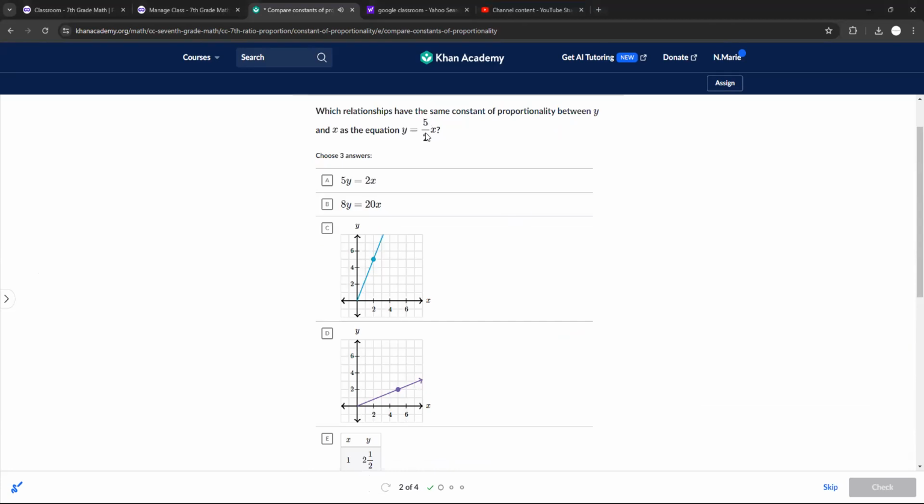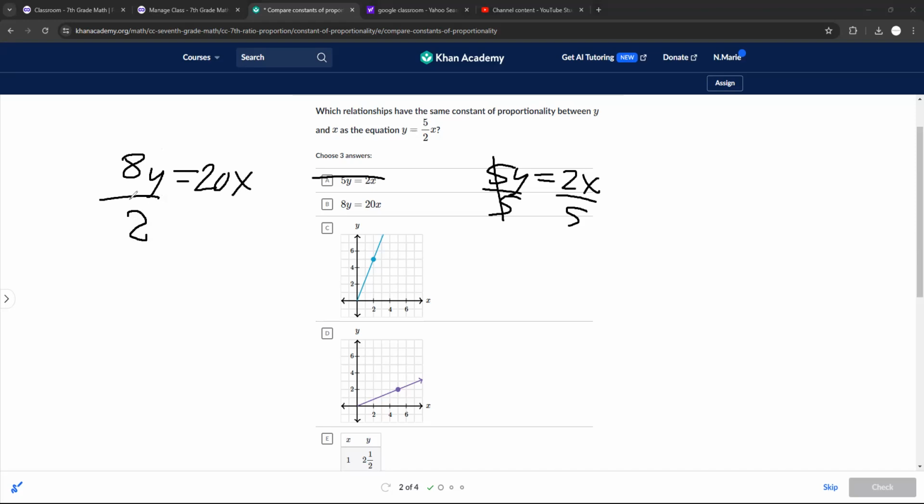Which of these have the same relationship? Well, here you have to know how to rearrange equations. If I have 5y is equal to 2x, I would have to divide both sides by 5. And I would get y equals 2/5 x. That one doesn't work. For the other one, if I divided both sides by 8, that'd get me 20/8, which is 5 over 2. This one works.